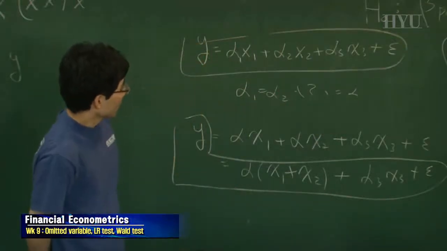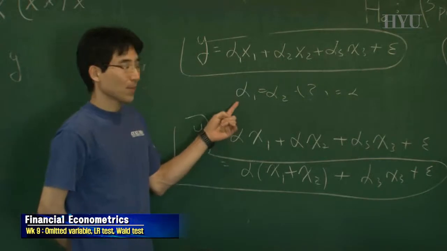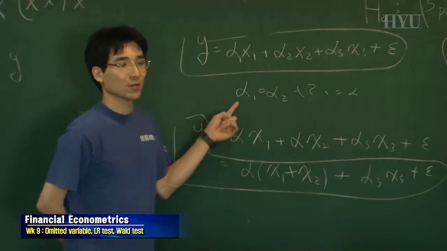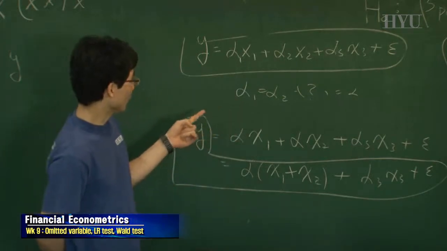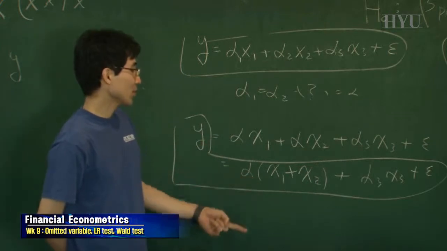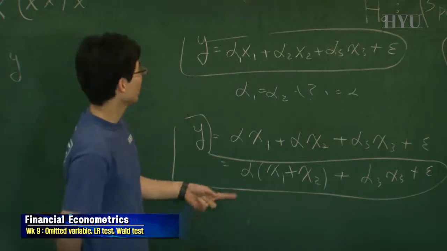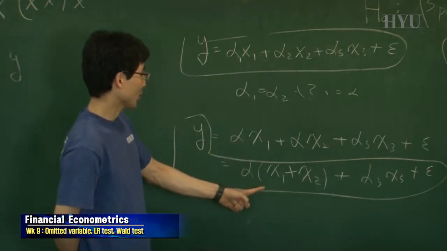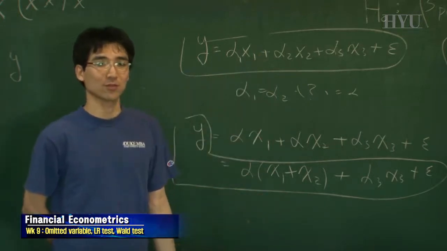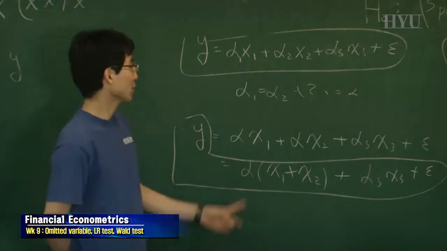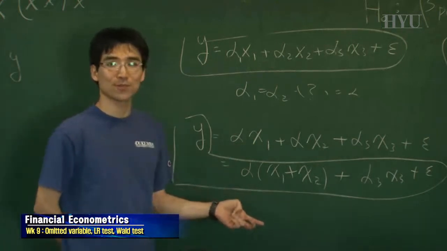In this case, if this hypothesis is really right, then even if we run the regression in this way, it shouldn't matter, right? Whether we run the regression this way or this way, it shouldn't matter, because anyway the coefficients are the same.